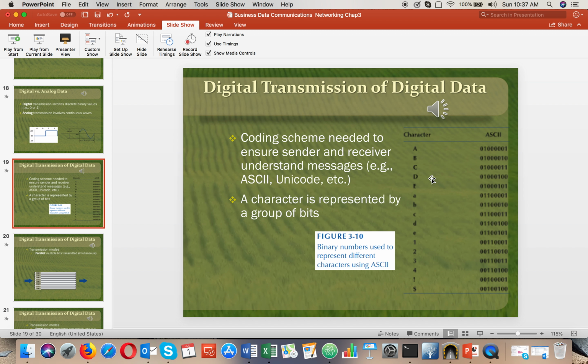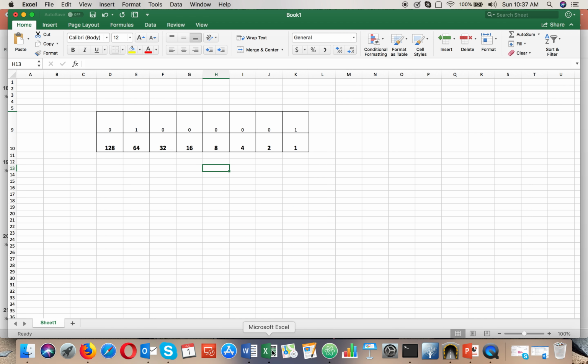So now let's jump down a little bit and try character D. The ASCII character for D is going to be 64 plus 4, I believe. Yes, 1, 2, 4. So 64 plus 4 is 68. Let's take a look at that one in our picture. We put a 0 there, and we put a 1 there, and that would represent character 68.